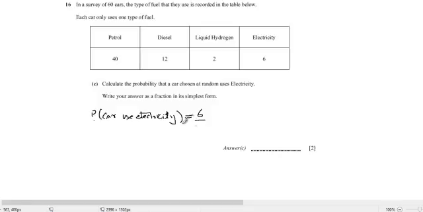The sample space is 60, so we'll divide by the total number of cars, which is 60. We can't leave our answer here because they ask you to make it in the simplest form, so we will cancel it out and the resulting answer will be 1/10. So our answer for this question is 1/10.